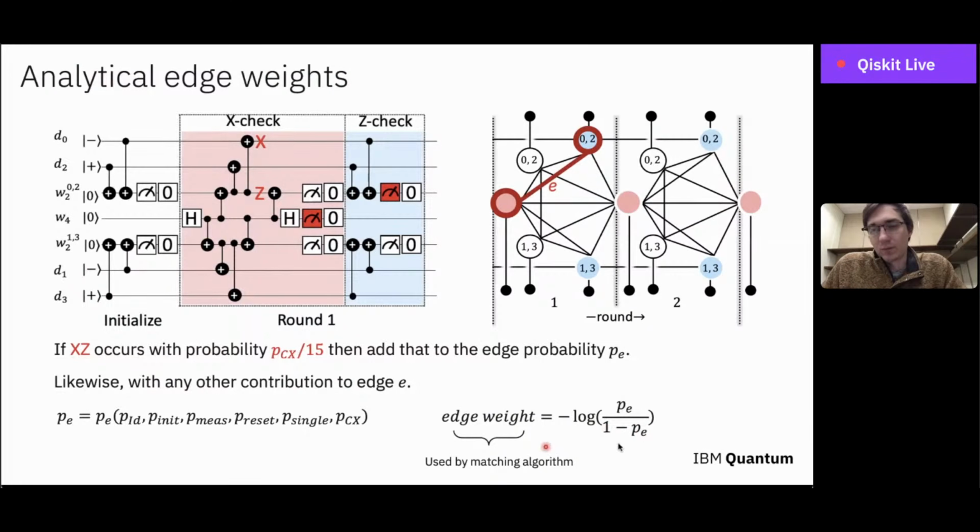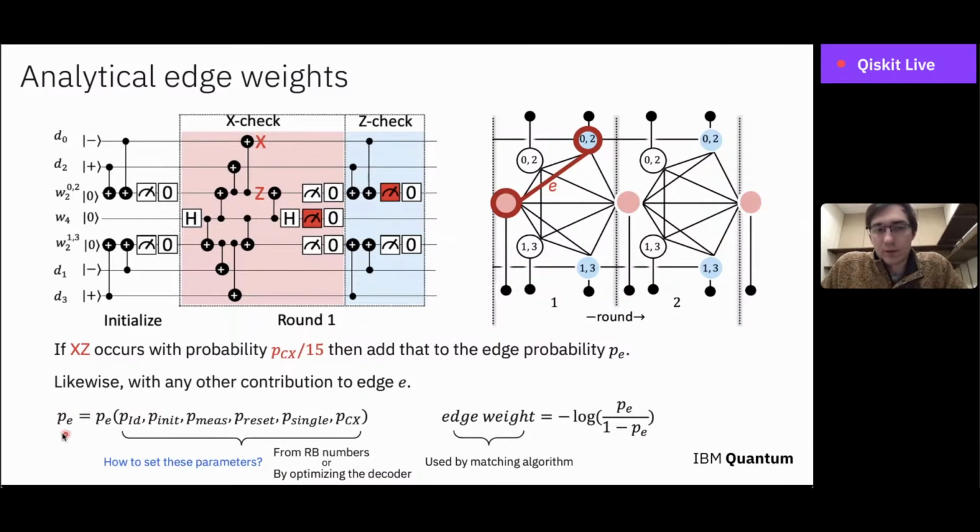Essentially, why it's this is that now when you add the edge weights up, you're multiplying the probabilities. So the total edge weight ends up being the log probability of those edges occurring.